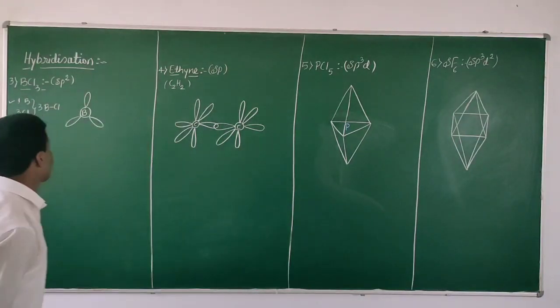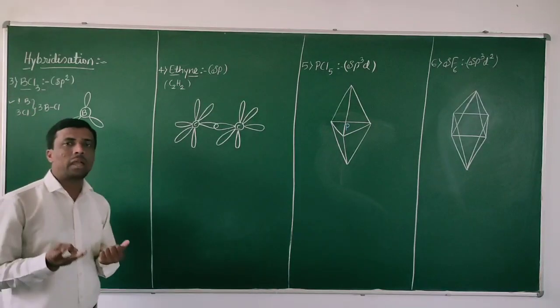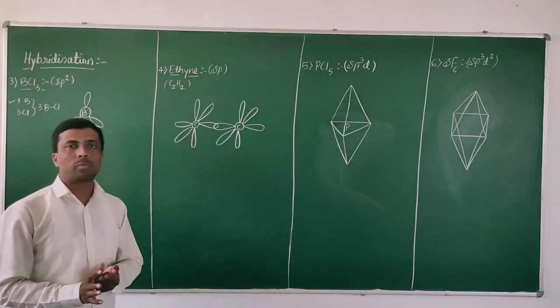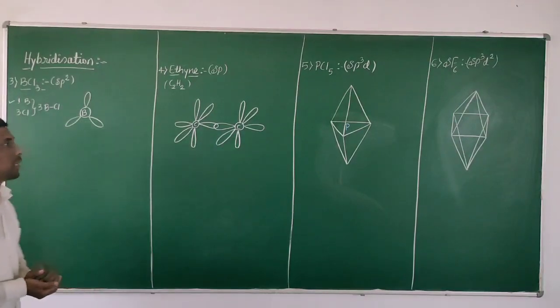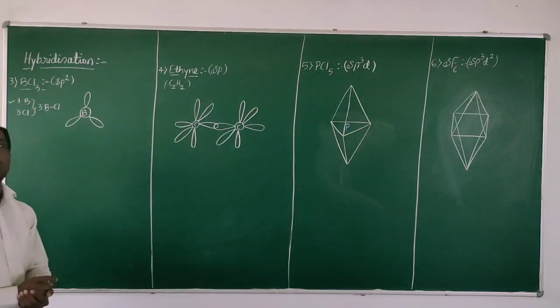It means in which hybridization can we get 3 hybrid orbitals? In sp2 hybridization. Therefore we can say that the boron trichloride molecule will undergo sp2 hybridization.